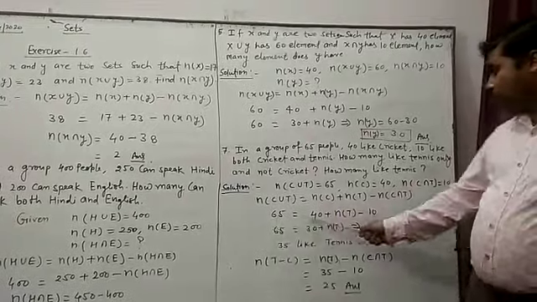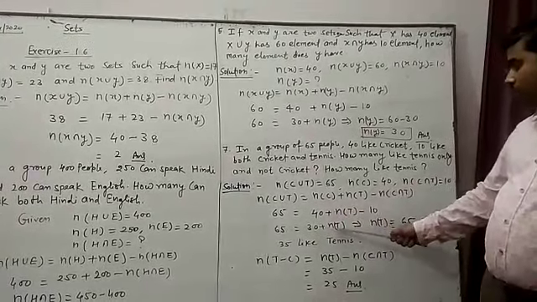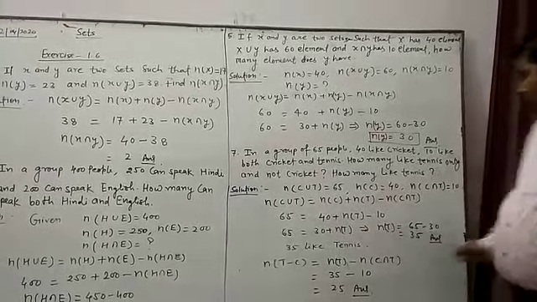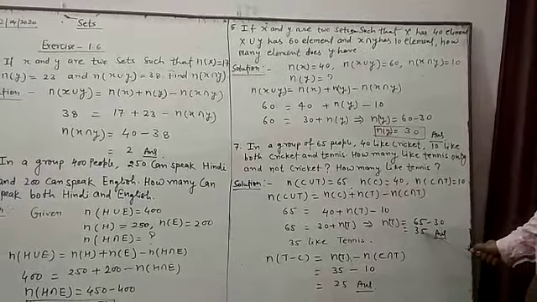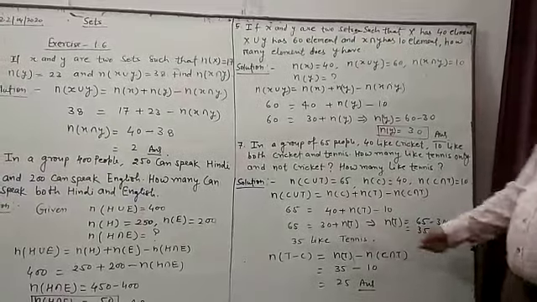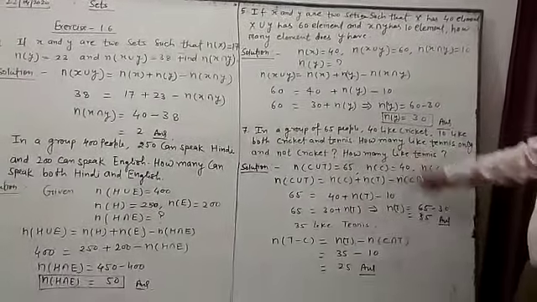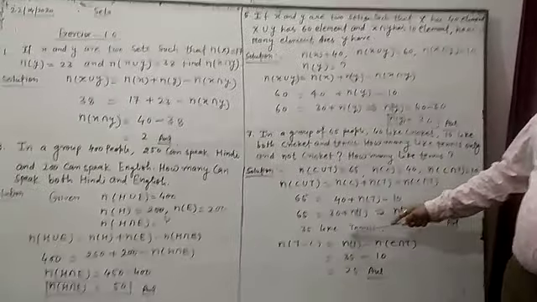Now 65 equals 40 minus 10, which is 30, plus n(T), it means tennis. 30 we transpose here, so 65 minus 30 is equal to 35. 35 like tennis. How many like tennis? 35.